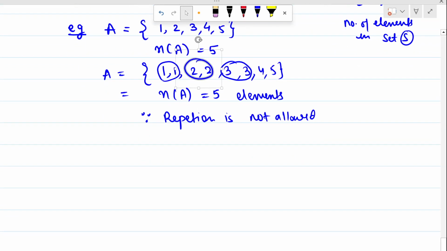Next, infinite set. If a set contains so many elements that n(S) is not defined, it is an infinite set.